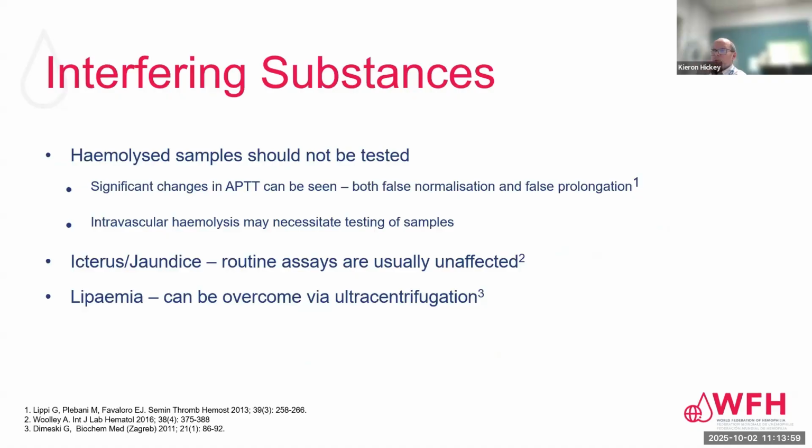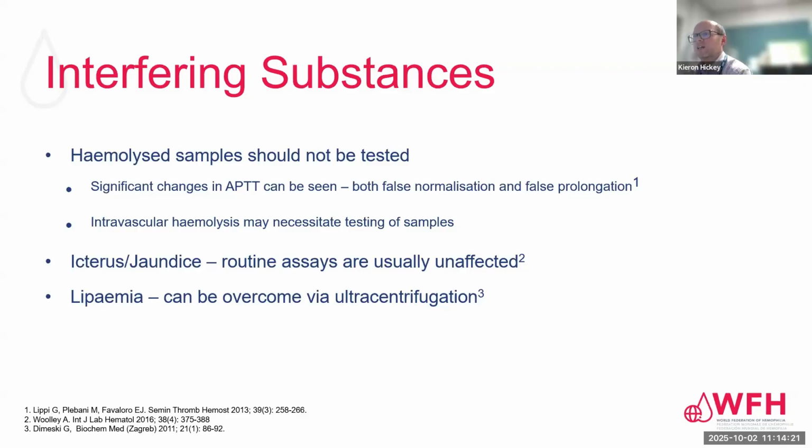We also have a concern with interfering substances. So during venipuncture, a patient may have a difficult or traumatic phlebotomy. You get shear stresses acting on the cells, which can lead to hemolysis. We know locally and in the published literature, hemolysis can have significant effects on coagulation results.